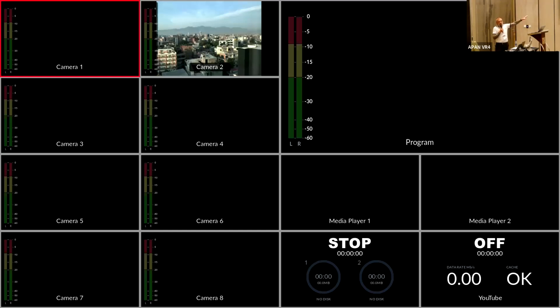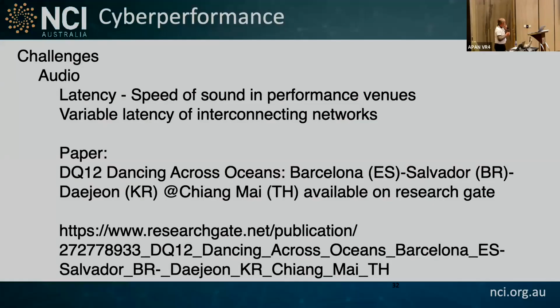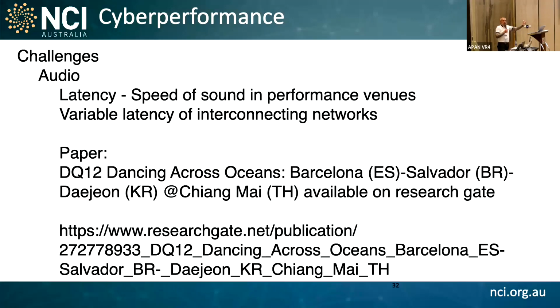But in a venue like the larger room, there is a finite amount of time at the speed of sound which audio will take to actually pass between the microphones at the front of the venue and the speakers at the back of the venue.